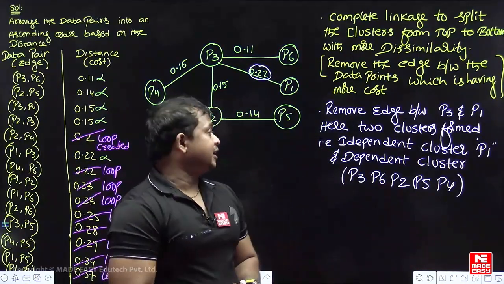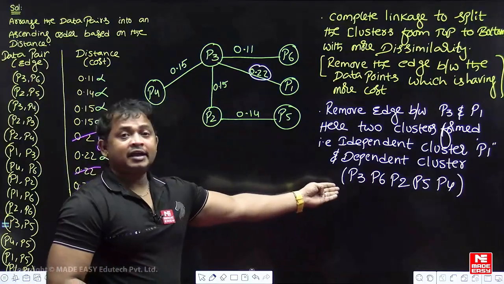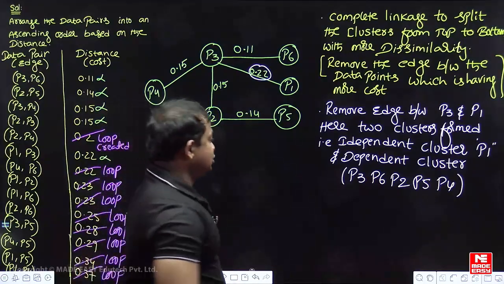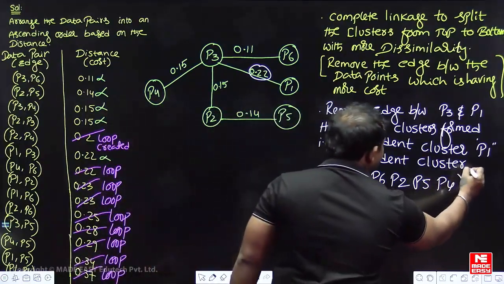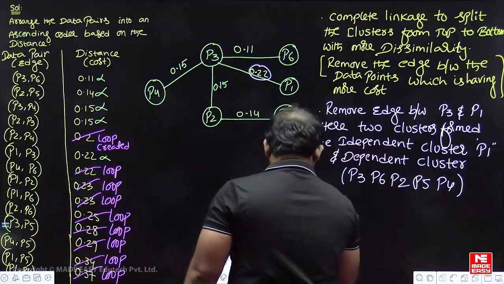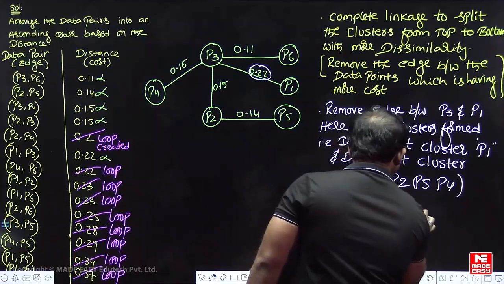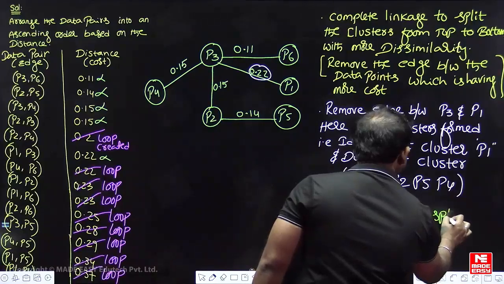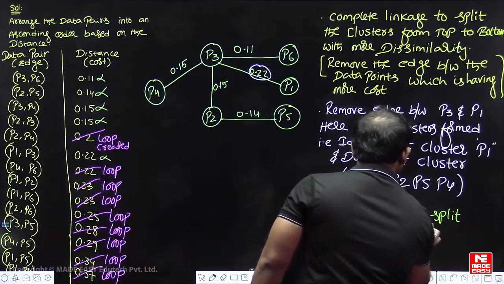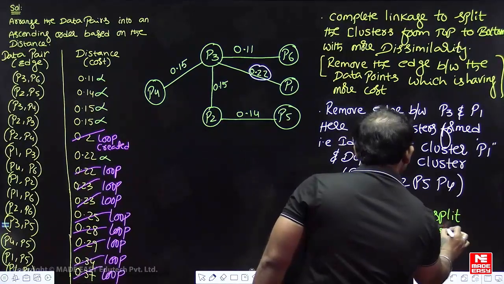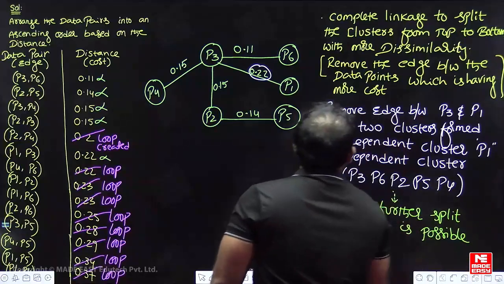In that, P1 is independent, and the remaining can be split further. Dependent cluster means further splitting is possible. Is it clear now? All right.